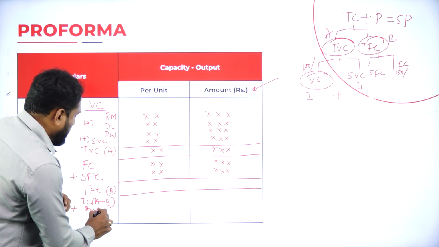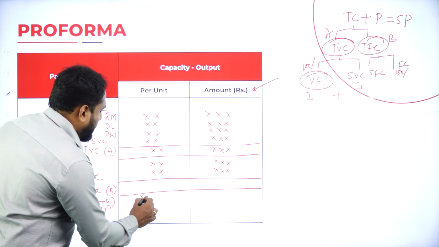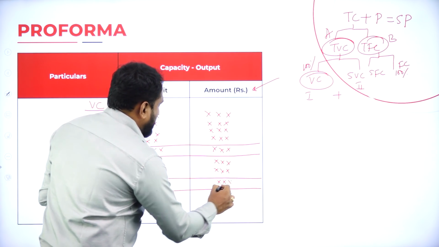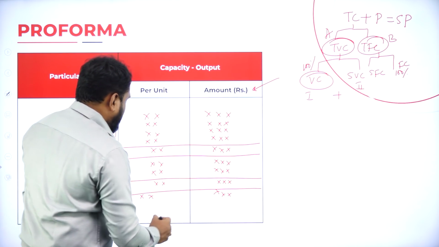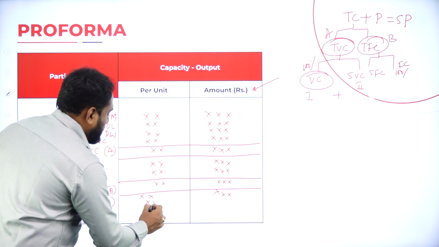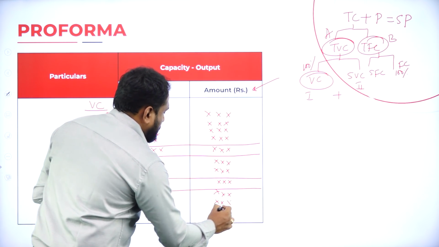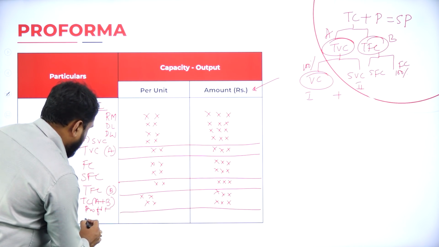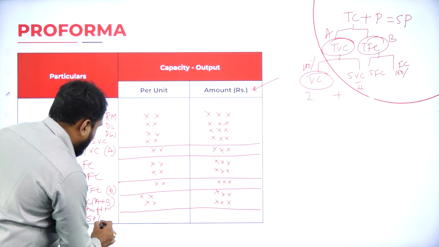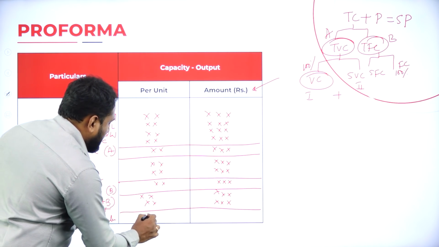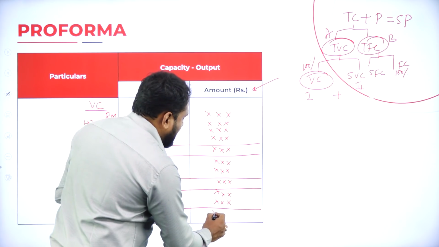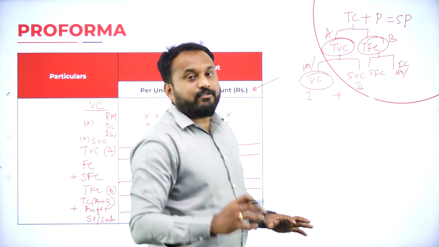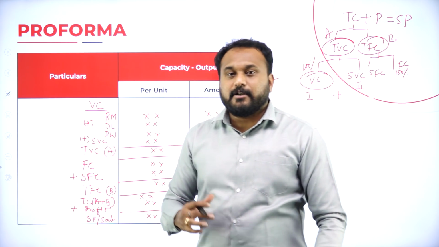When you add profit, students, the last one, what you get? We call that selling price, or it is also called the sales. Selling price is for per unit and sales is for the amount. So this is what the pro forma of your flexible budget looks like.